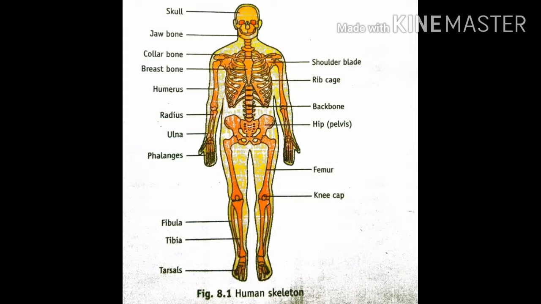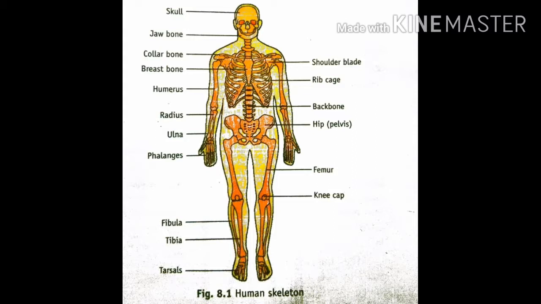Fuse means joined together. When you become an adult, you will have 206 bones inside your body.